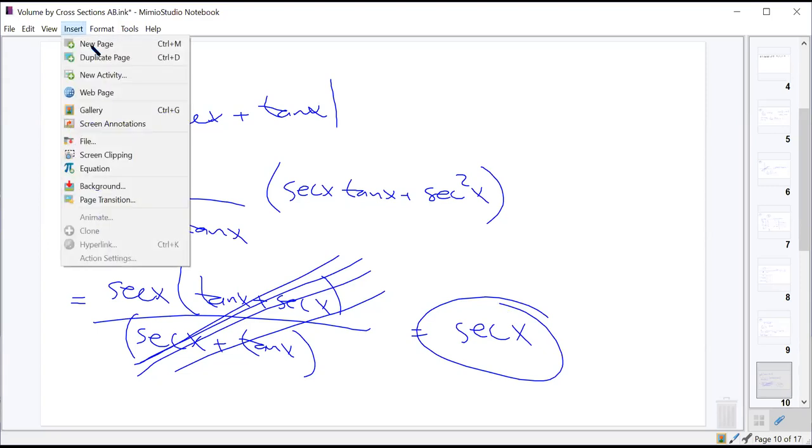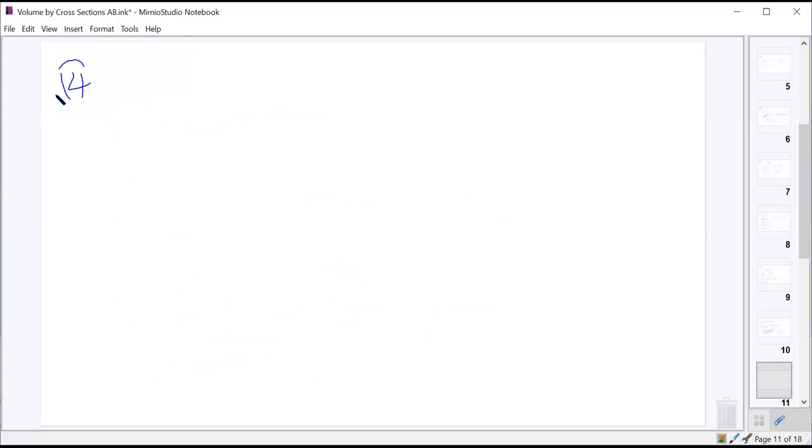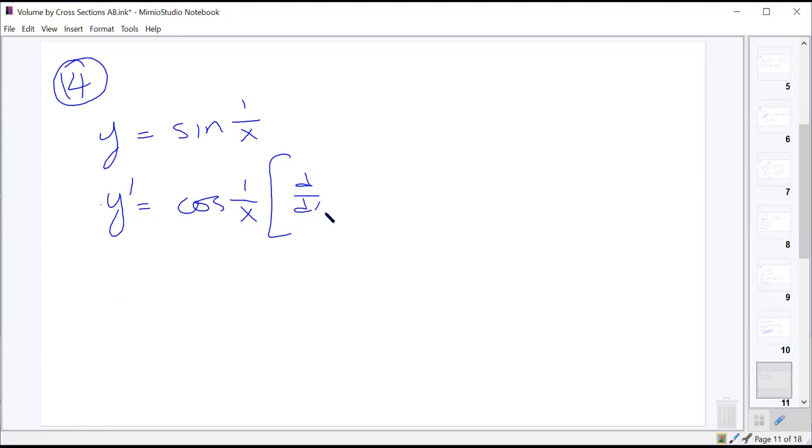So for 14, what is the original problem? Is it sine of 1 over x? Yeah. There is a rule for the derivative of 1 over a function. You can use the reciprocal rule for it, but you don't need to do that. If we want to take the derivative of this, it's just cosine of 1 over x times the derivative of 1 over x. Okay? And the derivative of 1 over x, that's just x to the negative 1.